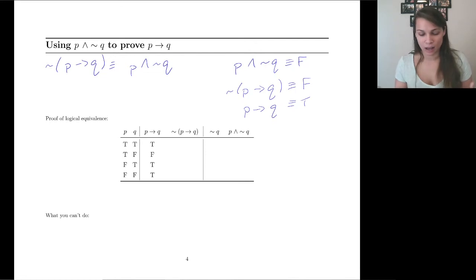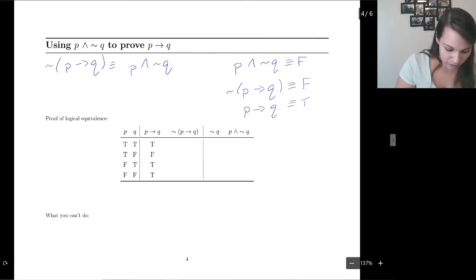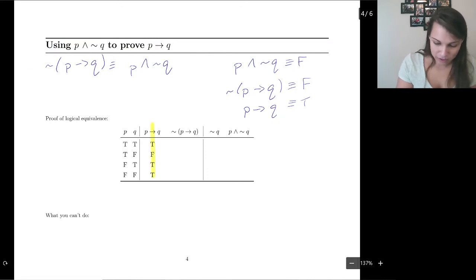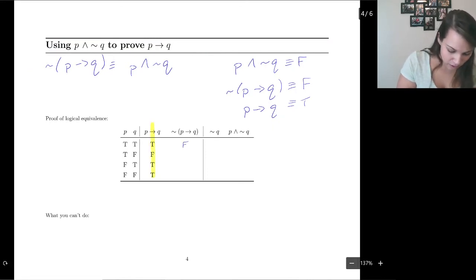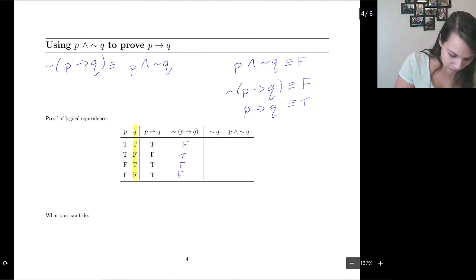And just to convince you real fast that these are indeed logically equivalent, I've got a truth table we can run through. For this first one, all we have to do is the opposite truth values. And then we're going to do not Q, so flip all those truth values.